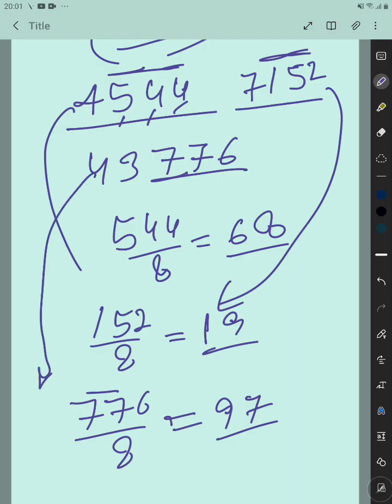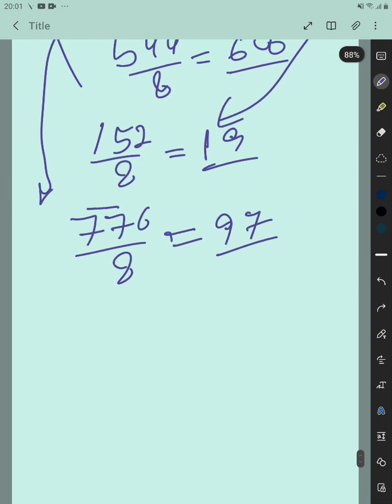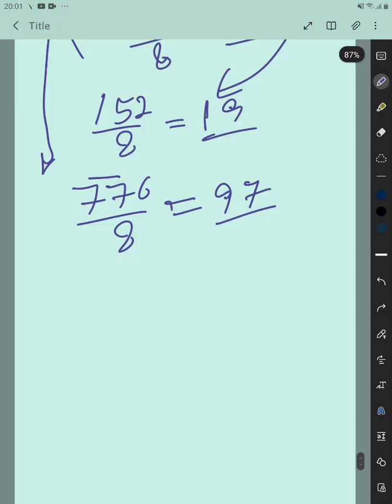So what we have found in this pattern is that first of all, the condition is that the number of digits will be 4 or more.